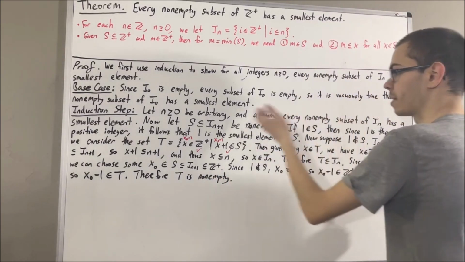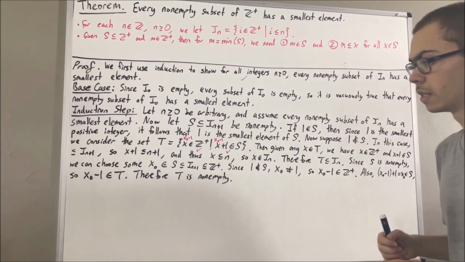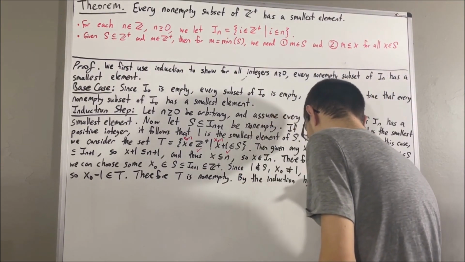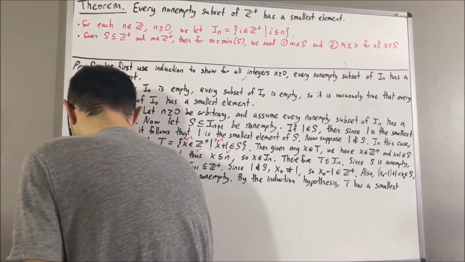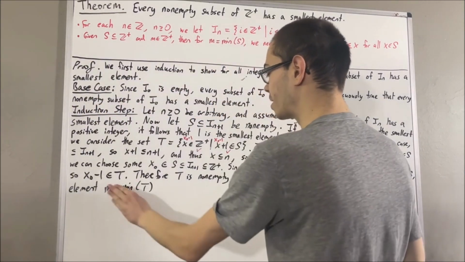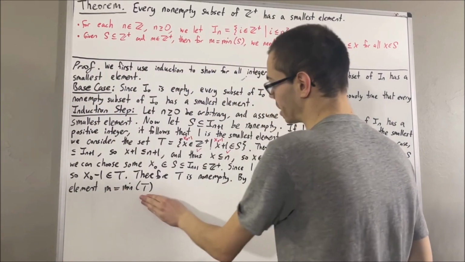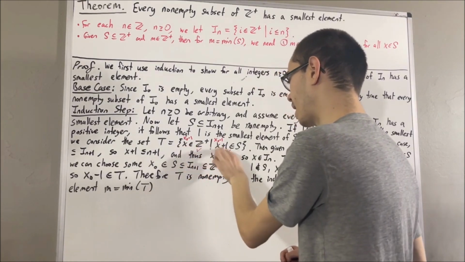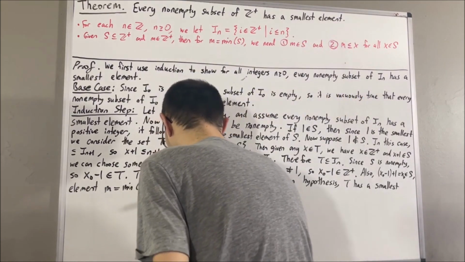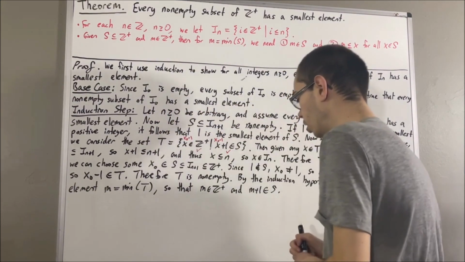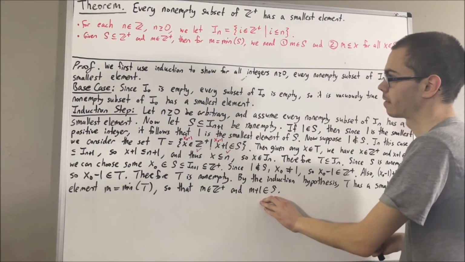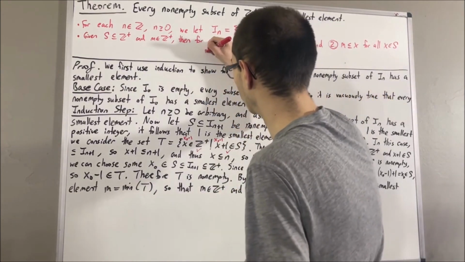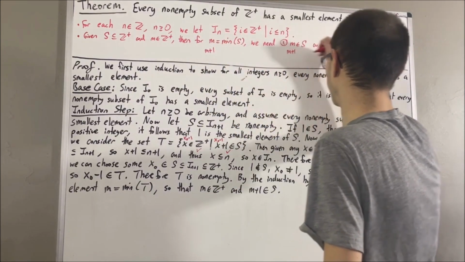So by the induction hypothesis, T must have a smallest element. We're going to let m be the smallest element of T. Now since m is the smallest element of T, m itself must be an element of T. Which means m is a positive integer and has the property that m plus 1 is an element of S. The claim is that m plus 1 is the smallest element of S. So to show that, we're going to replace m in the definition with m plus 1.